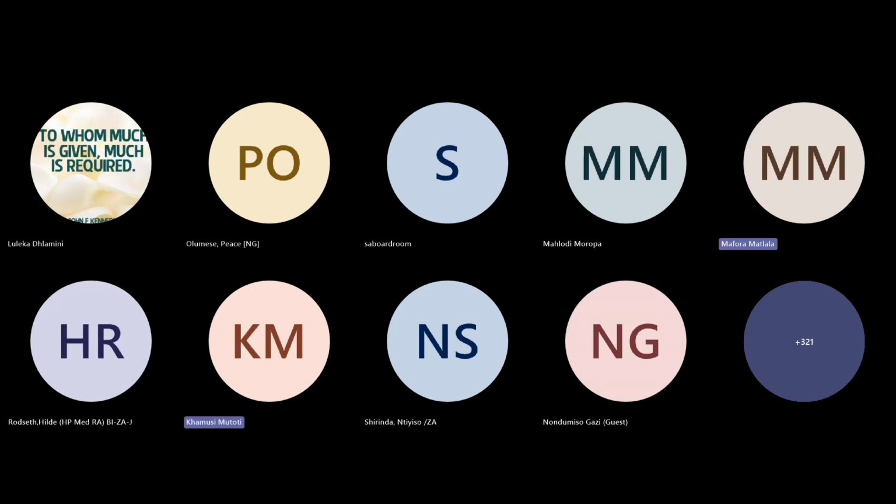Okay, so let's start with the second one, Nondumiso. When we developed the document, we considered quite a number of documents, but I'm not sure if we considered the E5. So I'm happy for us to go and review in line with that, just to ensure harmonization. That's where I will put it.